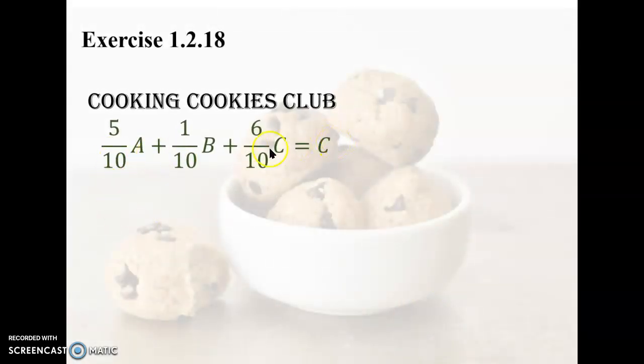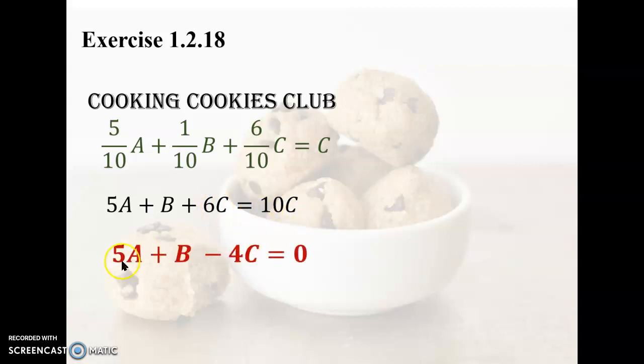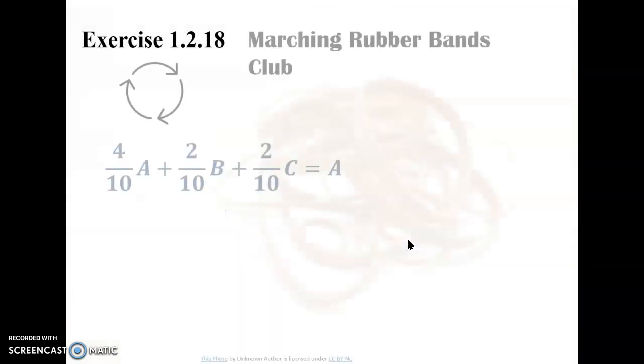I'd really like a constant on one side. So how about I multiply by 10 and get rid of fractions? 10 on both sides. And then, oh look, I can combine like terms and get 5a plus b minus 4c equals 0. 0 is a fine answer.